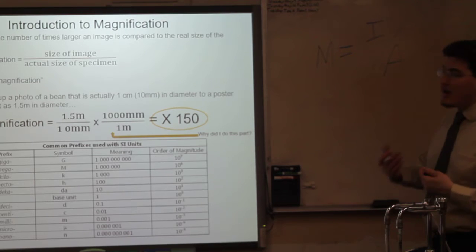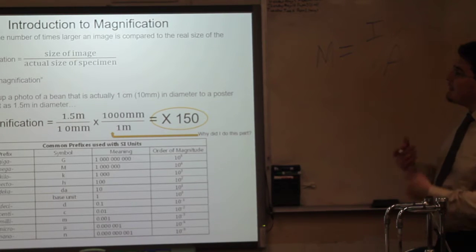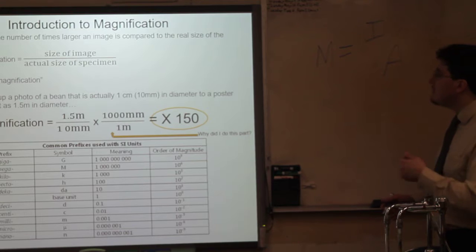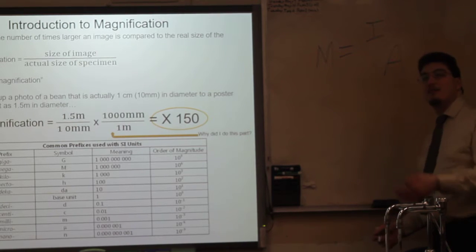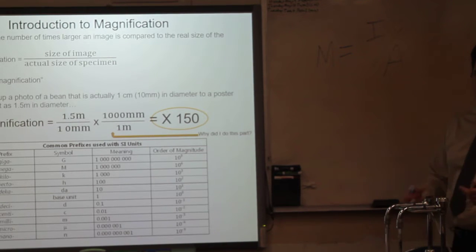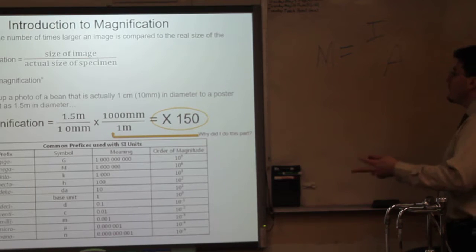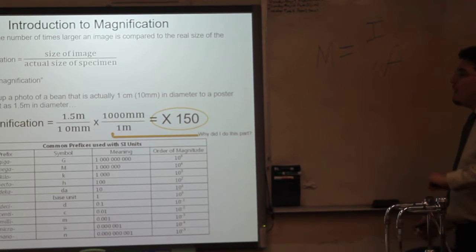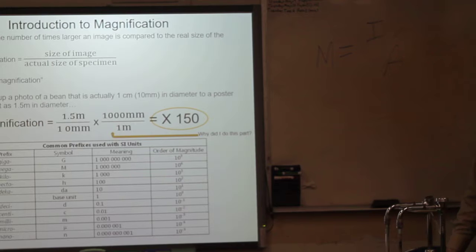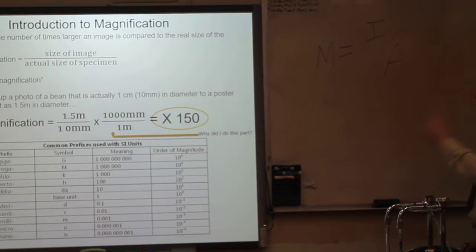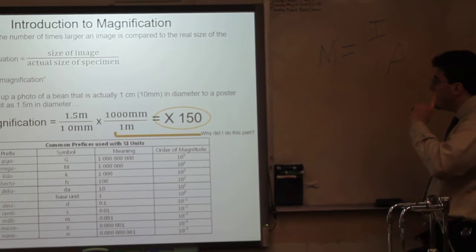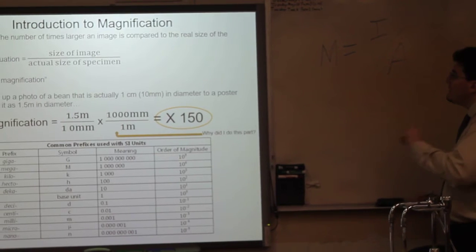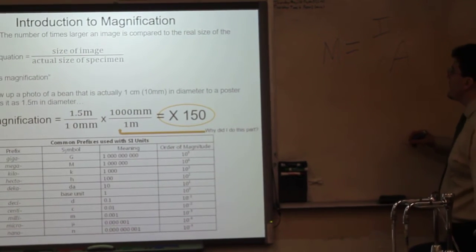I need to convert my units to find what my magnification is. I need to do dimensional analysis and unit cancel, which is basically a fancy way of saying unit cancellation, to convert this. I know that there are 1,000 millimeters for every 1 meter.